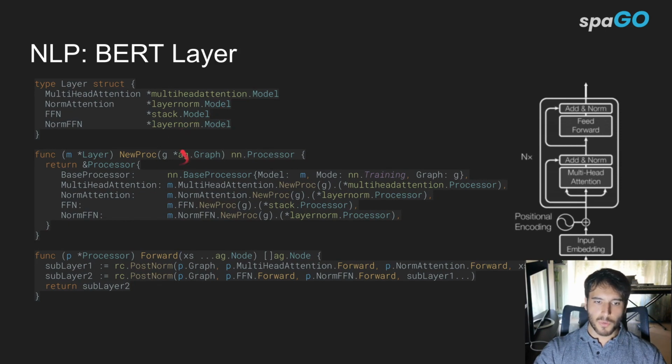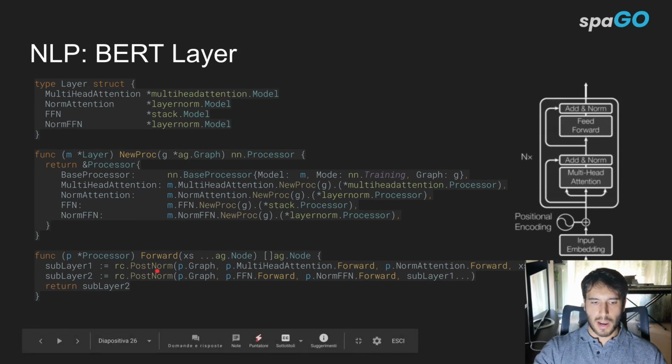The model creates a new processor, and also here we see how the same graph is shared by all the sub-processors for the final forward computation. In this case, we use a post-normalization with multi-head attention and a feed-forward network.